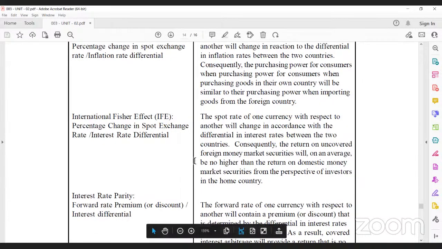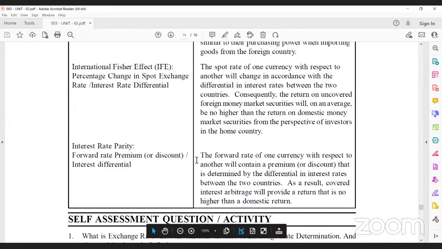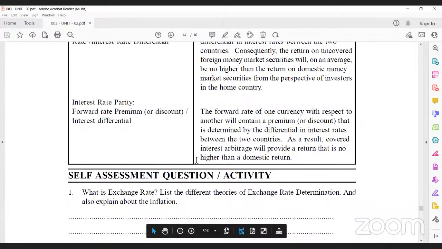Whereas under IRP, interest rate parity, it is with respect to a premium, because it is based on the forward rate, which is determined by the differential in interest rates between two countries. Hence, interest arbitrage will be provided.